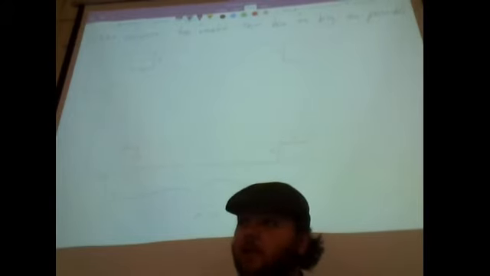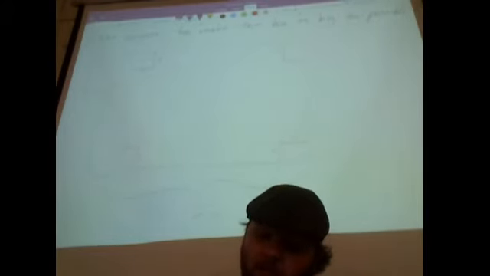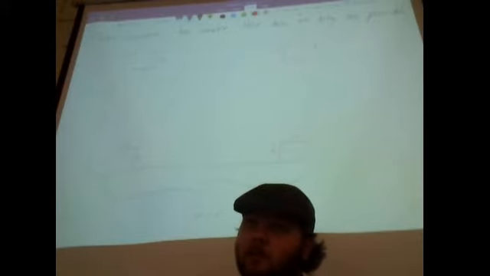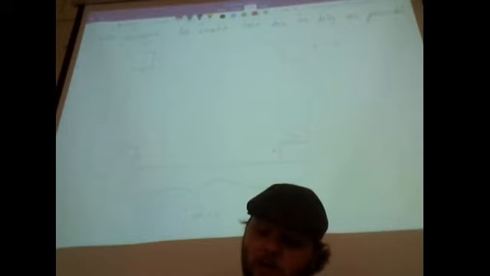So I said I needed to define things, right? So x is what? Side length of cut out squares.